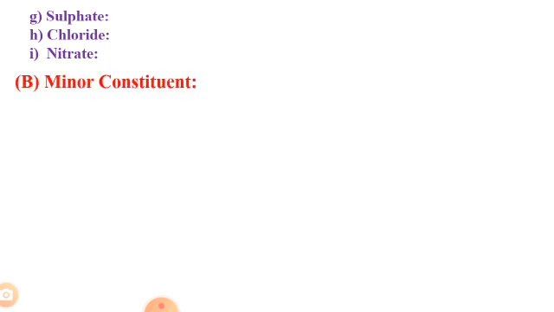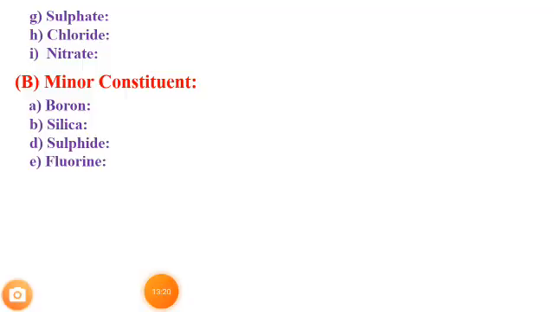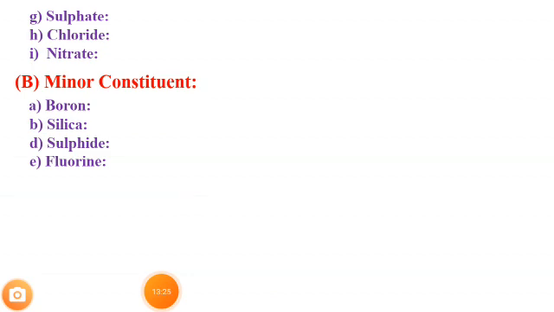Our next point is minor constituents. In minor constituents, the first one is boron. Boron occurs in the form of boric acid or borax or calcium borate in hot mineral springs.